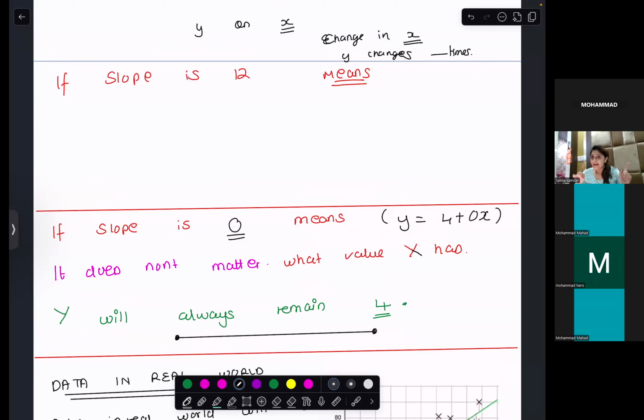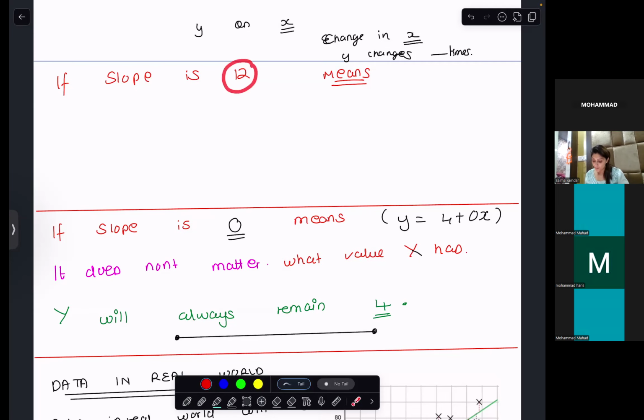Y is dependent on x. But in correlation regression, if they give you y and ask you to find x, is that possible? No, it's not possible. Because y is dependent on x, x is not dependent on y. If you want to do this, you have to change the entire equation.